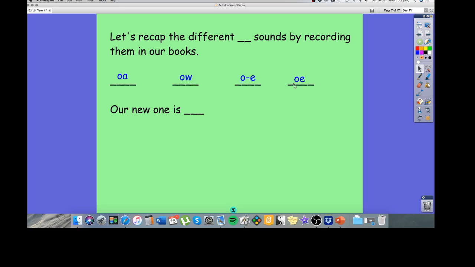And then we have the O and the E together, not split digraph. Now that is not a popular sound at all, and it comes at the end of short words like toe and doe. Our sound for today is O by itself. This comes mainly at the end of words, but I've also got some other words where it will appear in today as well.